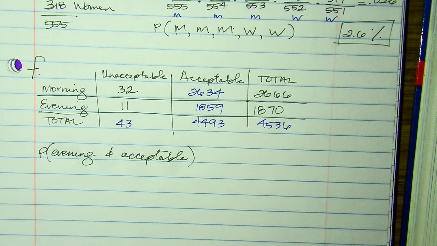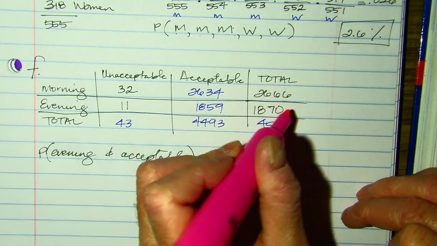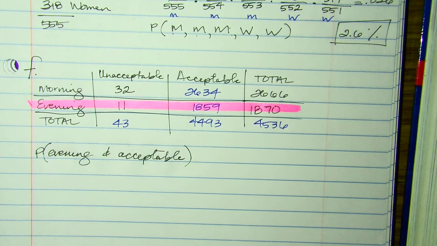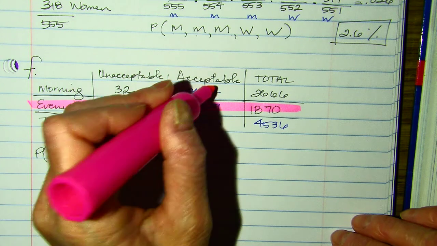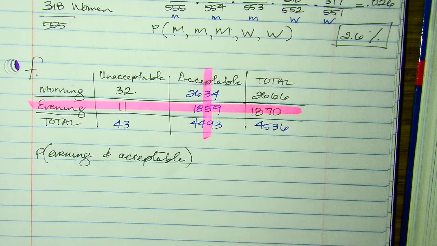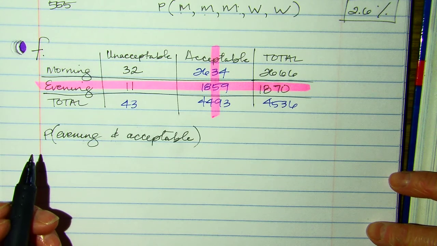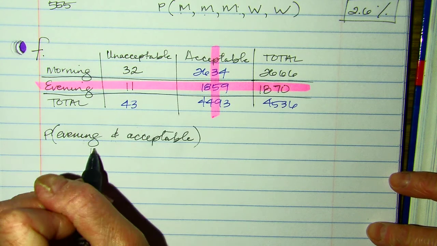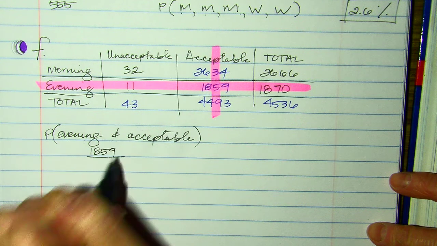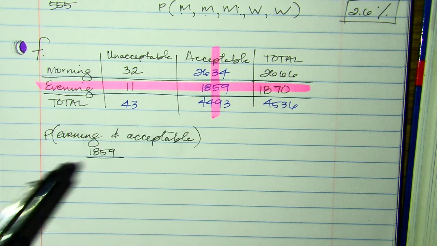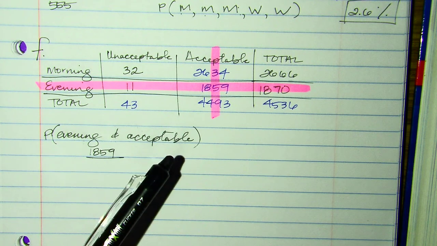All right, so how many? Find the probability that a box was filled in the evening, given that it was found acceptable. So if you use this method of highlighting the two categories, then it'll be easy to identify the top number. The only box that has overlapping highlights is 1,859. The total, though, is, it says evening given that it's acceptable.